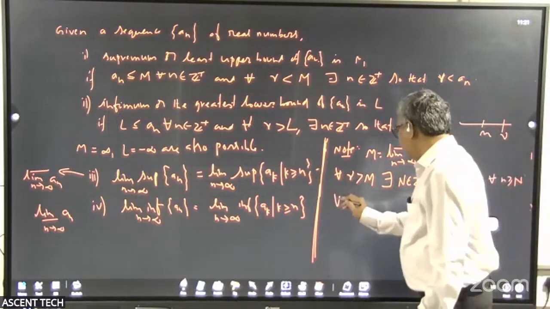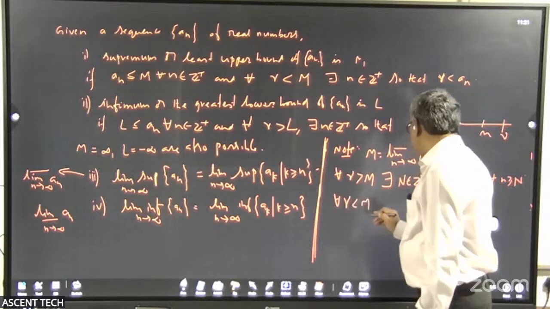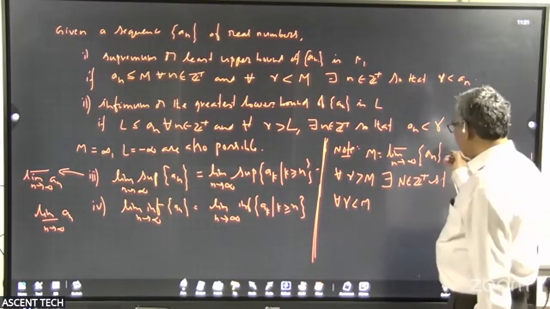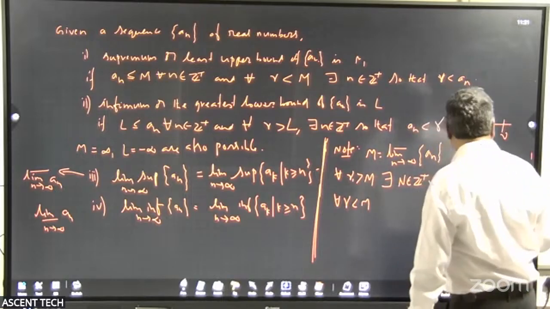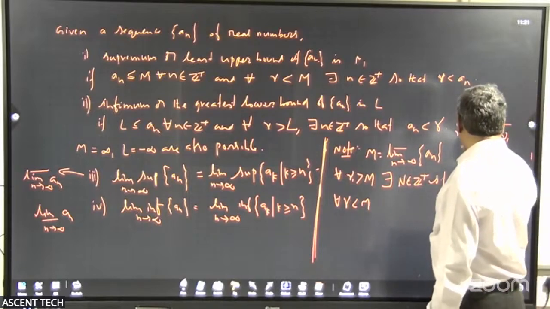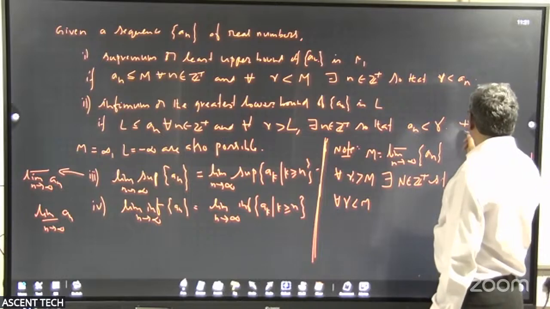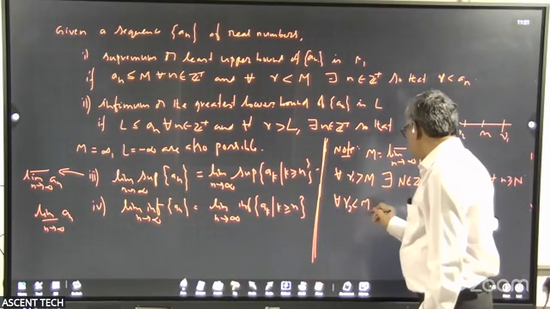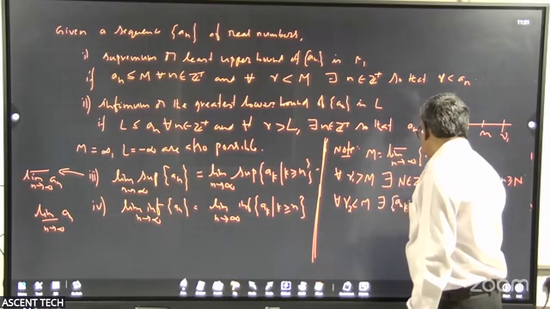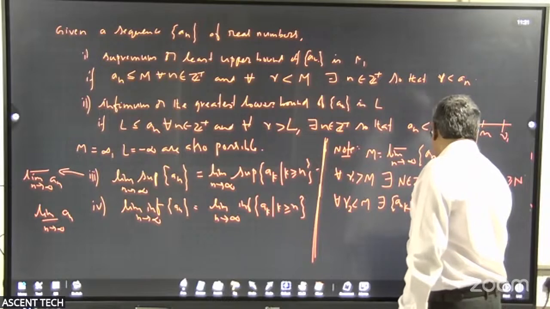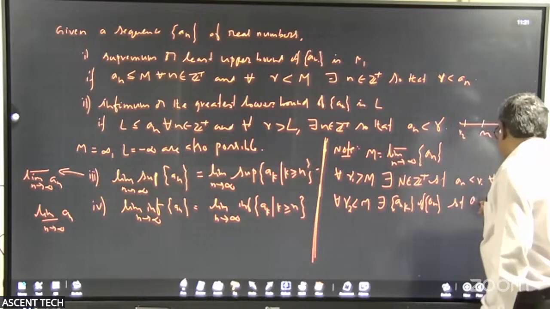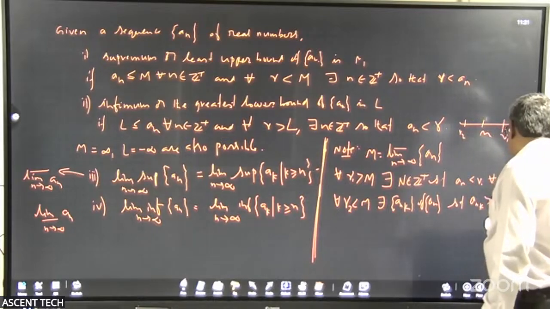Whereas for every r less than m, maybe I will use the same symbol, I put R1 and R2 here. For R2, there exists a subsequence a_{n_k} of a_n such that a_{n_k} is greater than R2.